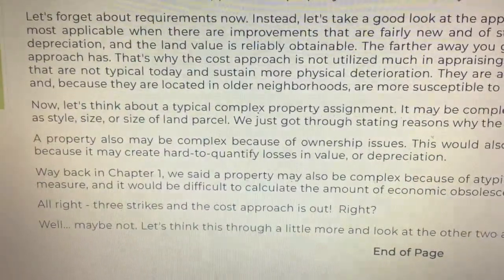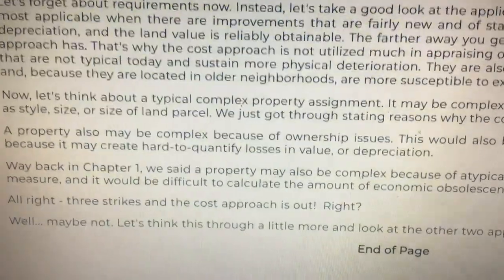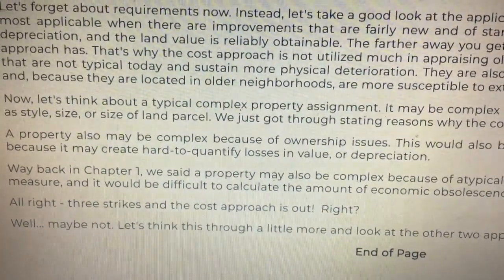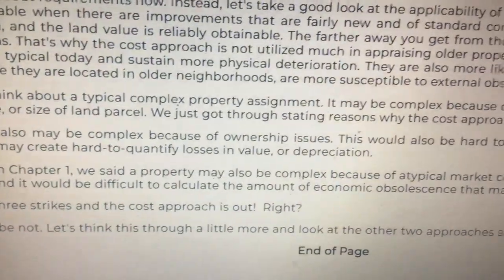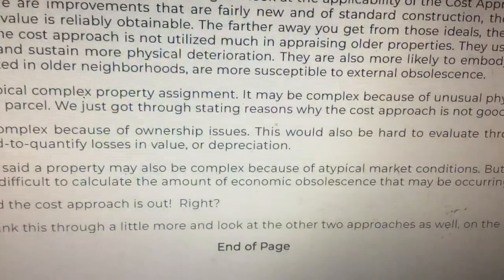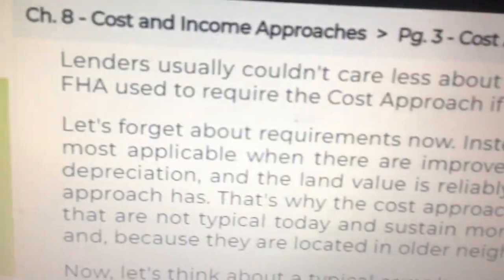All right, 3 strikes and the cost approach is out, right? Well, maybe not. Let's think this through a little more and look at the other 2 approaches as well. On the next page, end of page.